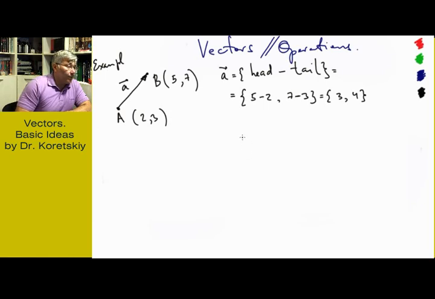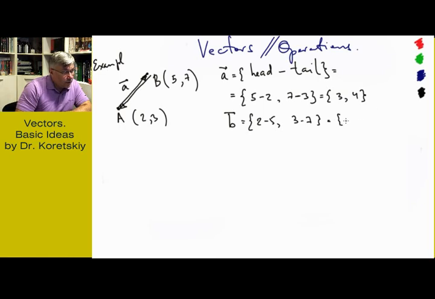Okay, but you can consider an inverse vector B, which has contrary head point A and tail point B. And you can notice here that it is 2 minus 5 and 3 minus 7.